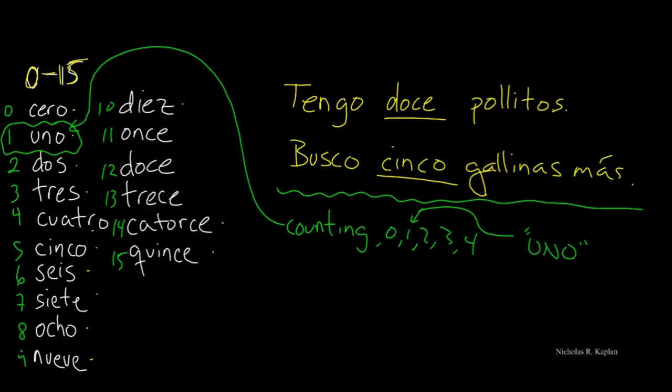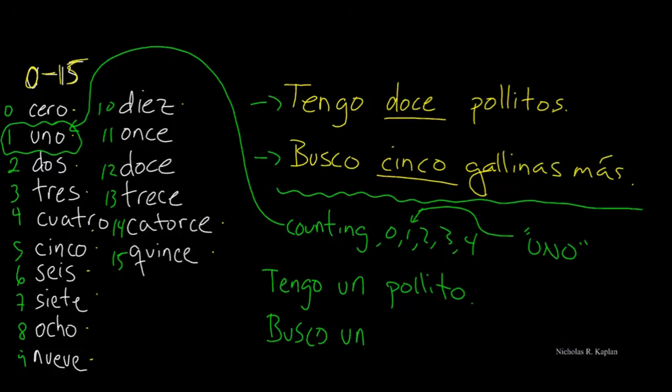Where it changes is if instead of saying I have 12 little chickens and I'm looking for 5 more hens, what if you say I have 1 little chick, and I am looking for 1 more hen.